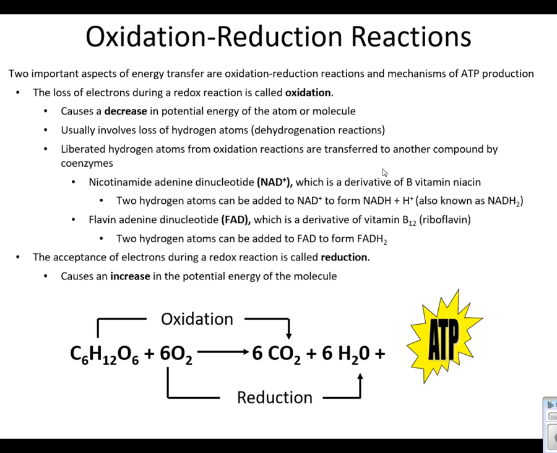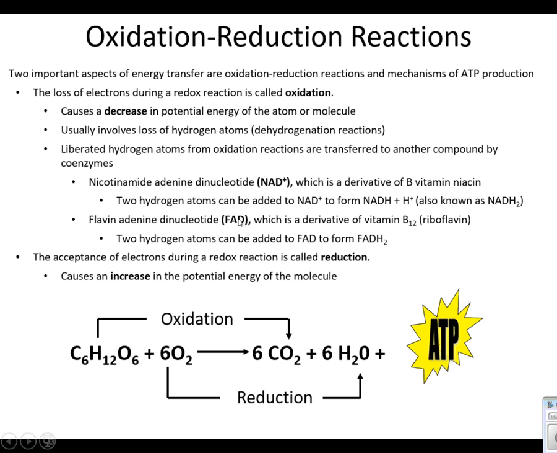Those electrons and hydrogen atoms will a lot of times get carried by what we call coenzymes: NAD plus and FAD, which are derivatives of some B vitamins, so coming in through our diets. We can transfer electrons and hydrogen atoms to NAD plus, forming what's called NADH plus H plus. We also will sometimes call that NADH2, as a shorthand.